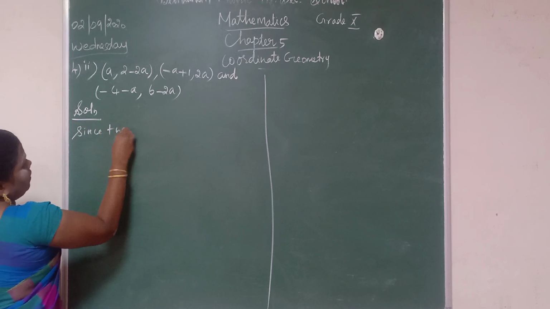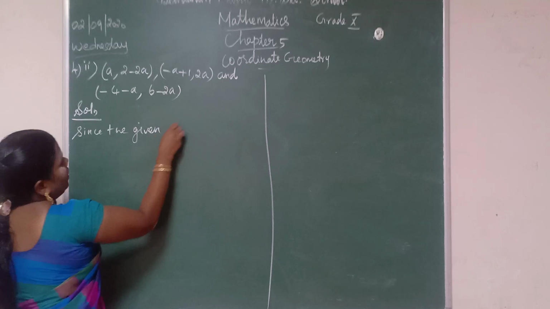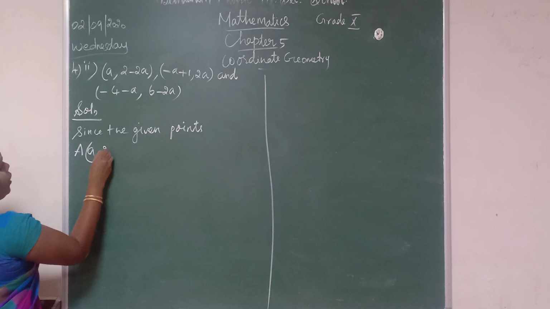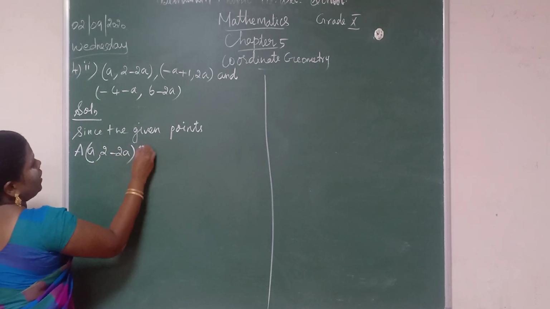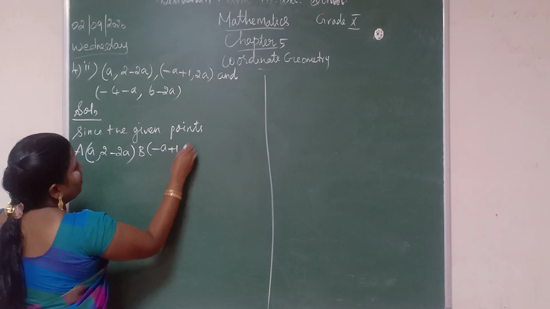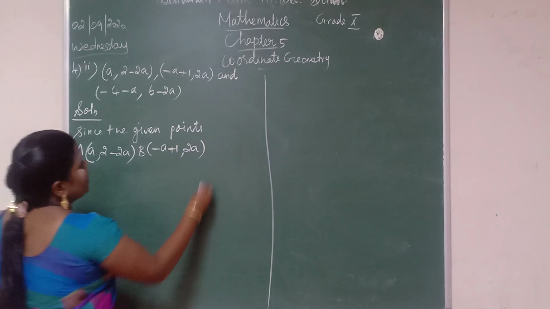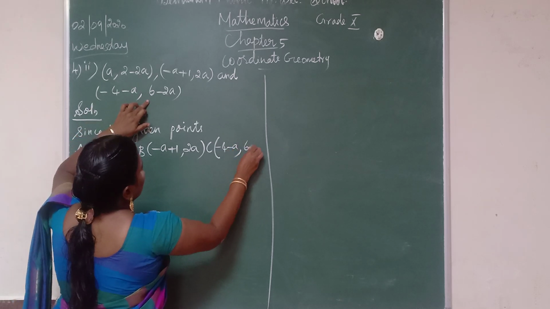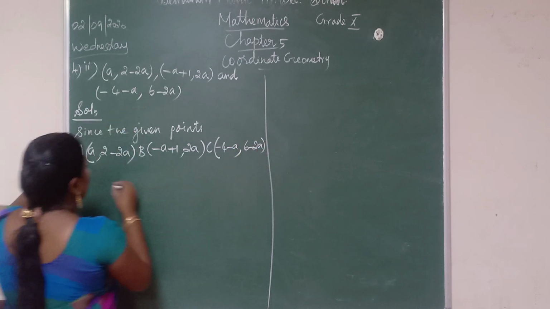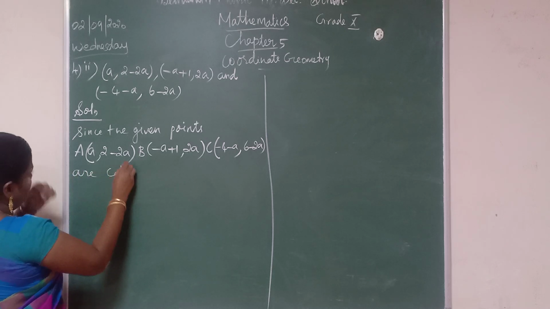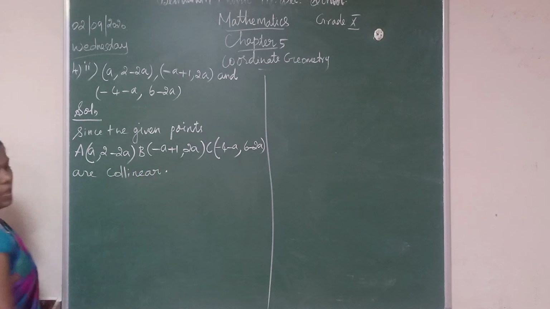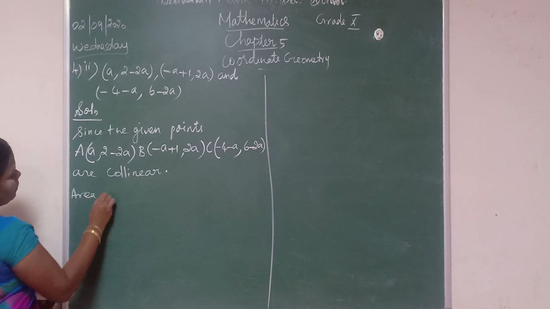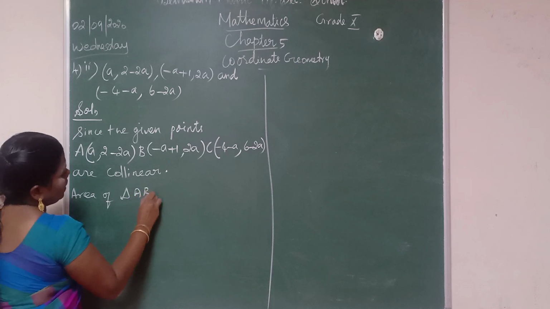Since the given points A(a, 2 minus 2a), B(minus a plus 1, 2a), and C(minus 4 minus a, 6 minus 2a) are collinear, the area of triangle ABC is equal to 0.